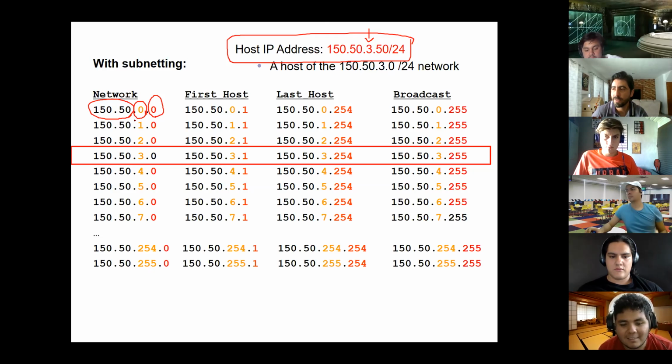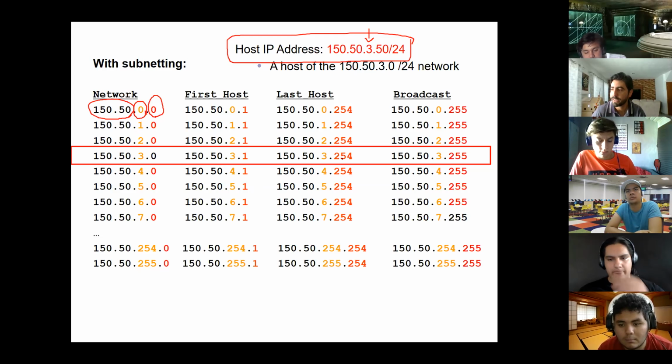This is because you have 8 bits, so 2 to the power of 8, 256 subnets from 0 to 255. Then you have 8 bits for your host, which means 2 to the power of 8 minus 2 hosts per subnet, so 254 hosts per subnet.